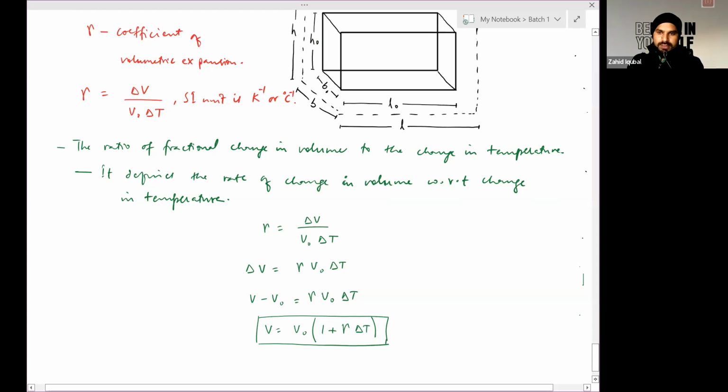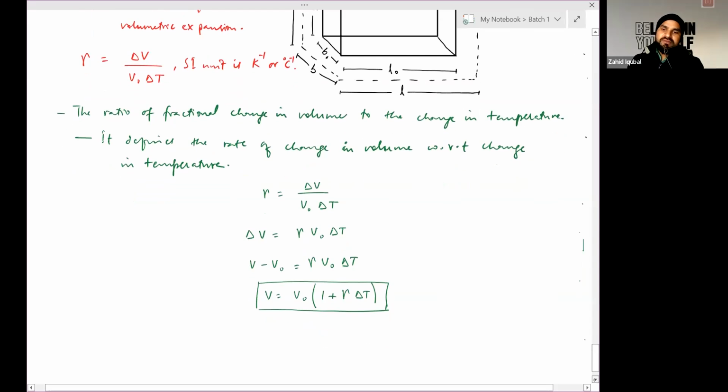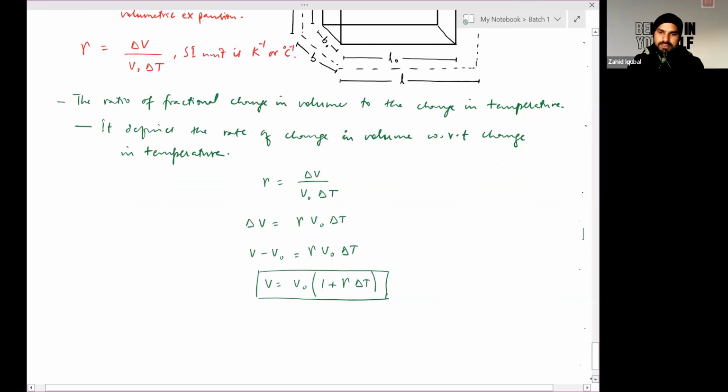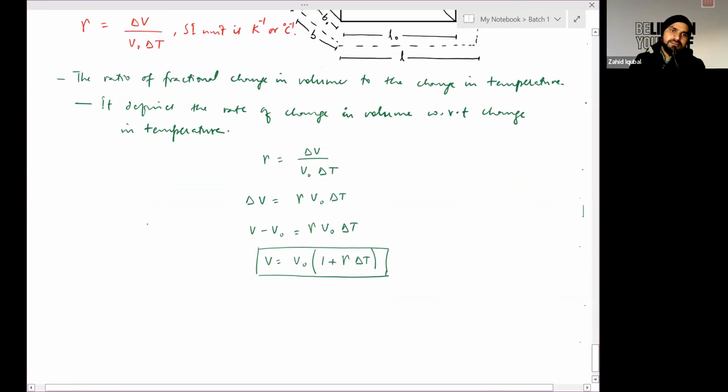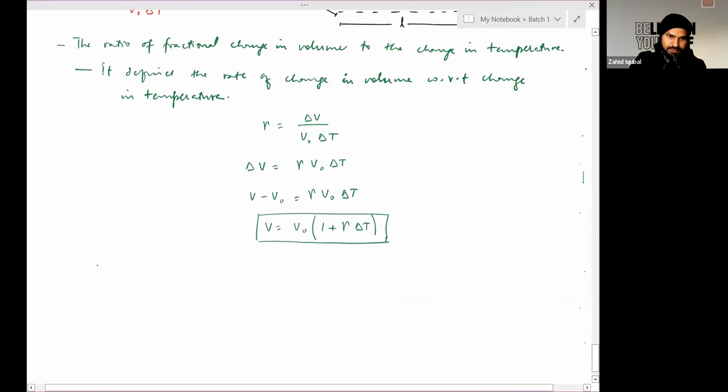Next, related to this part, you'll be asked to find the relationship between alpha and gamma. So next is relation between alpha and gamma.